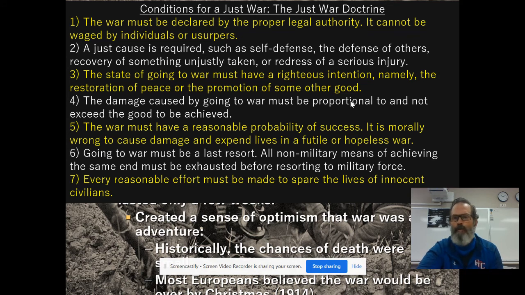Was the damage caused, in hindsight, easy to say, proportional to what they hoped to achieve? Did either side have a reasonable probability of success based on the alliance system? And did they make all reasonable efforts to spare the lives of innocent civilians?